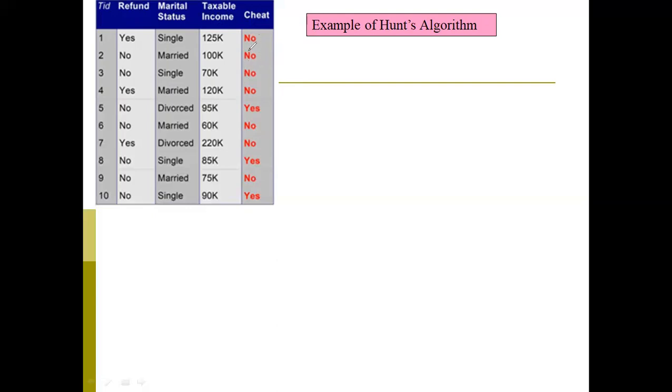Out of 10, the remaining 3 are yes. So now we are in step 1. Under this step 1, 7 no's are there. How many yes's are there? 3 out of 10 records.